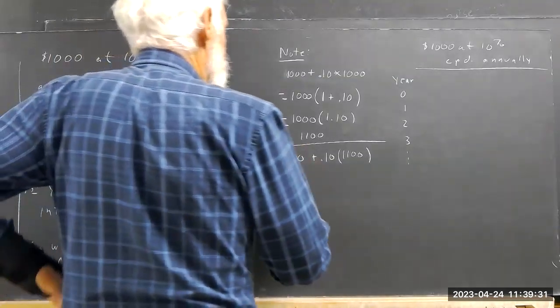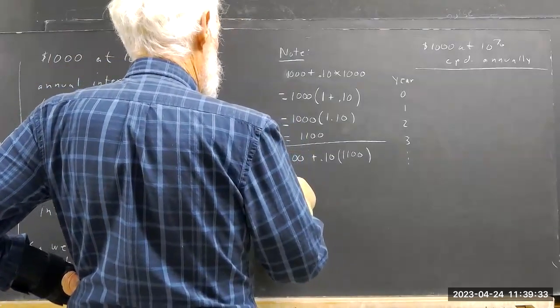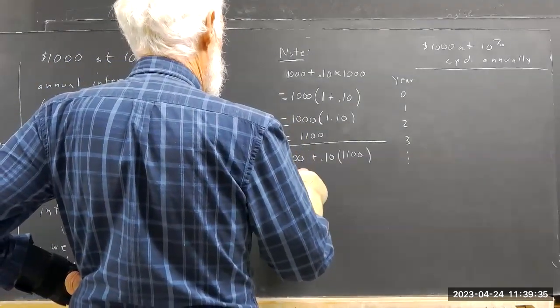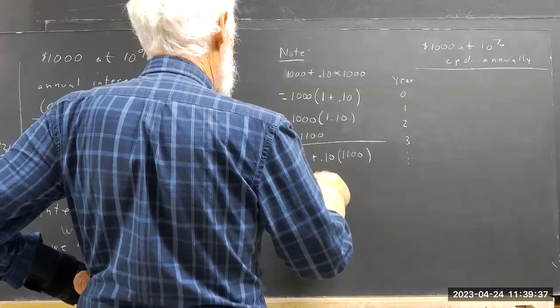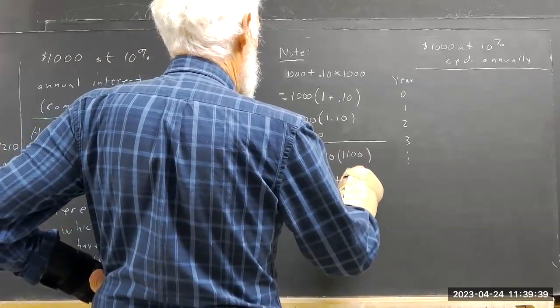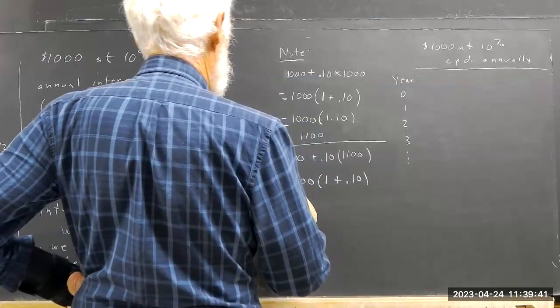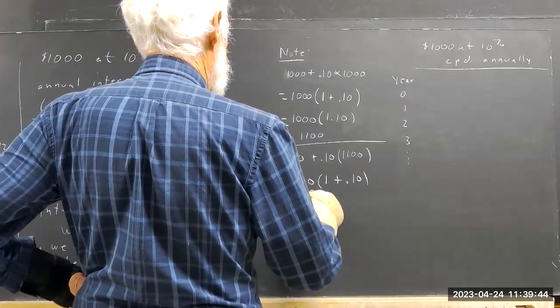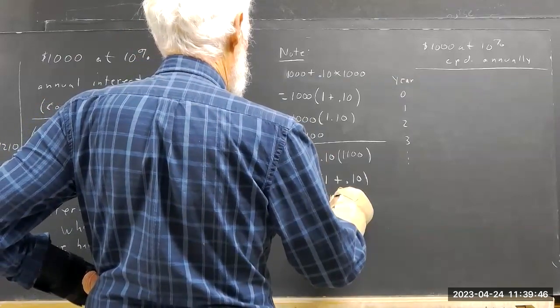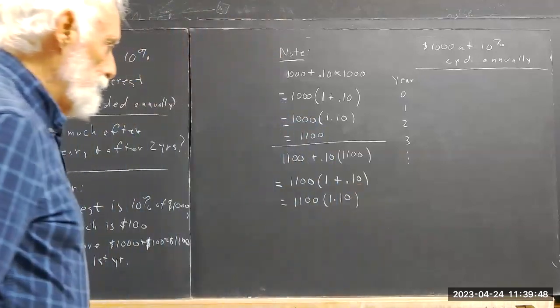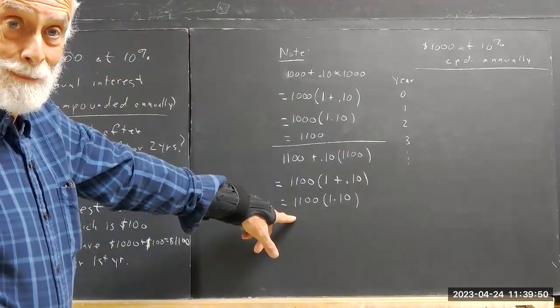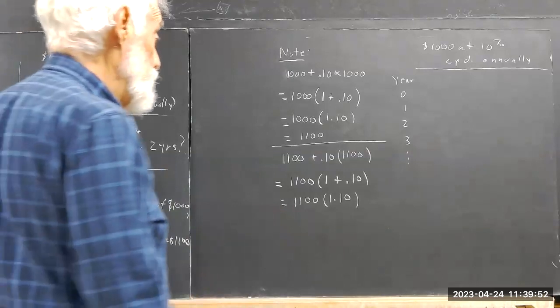Well, first we factor. Then we get this. And if we multiply that out, we get our 1,200.